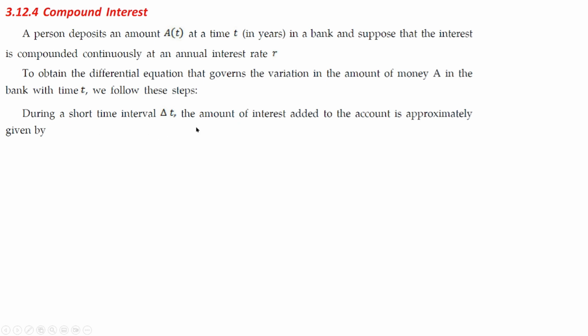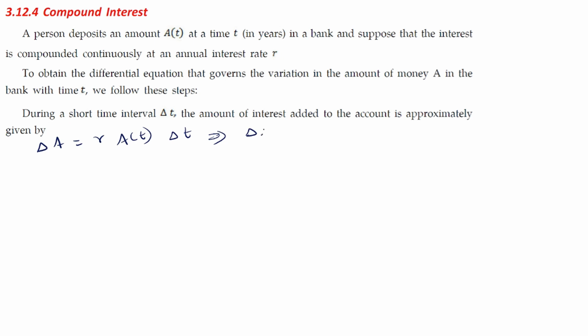During a short time interval delta t, the amount of interest added to the account is approximately given by delta A = R A(t) delta t.